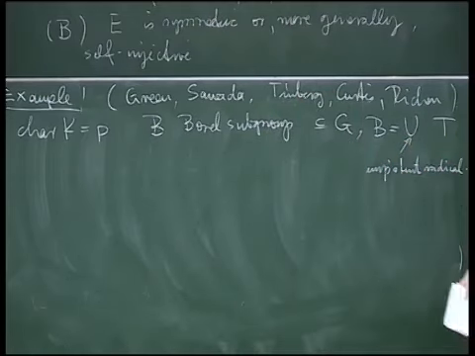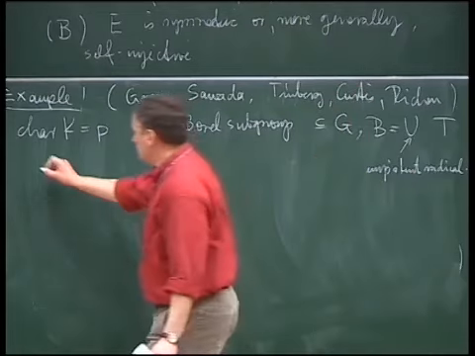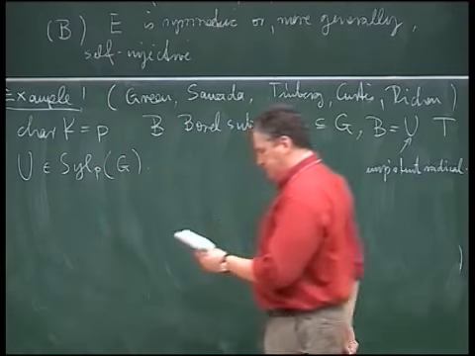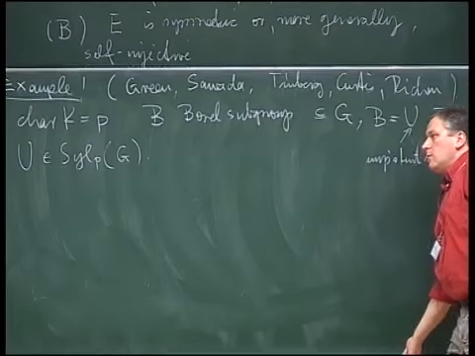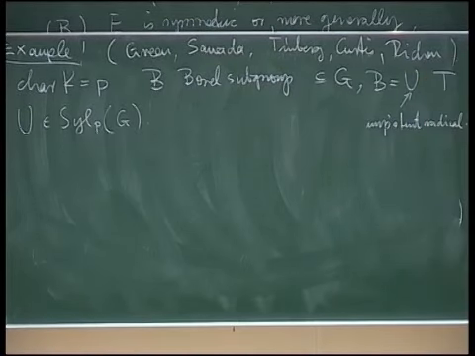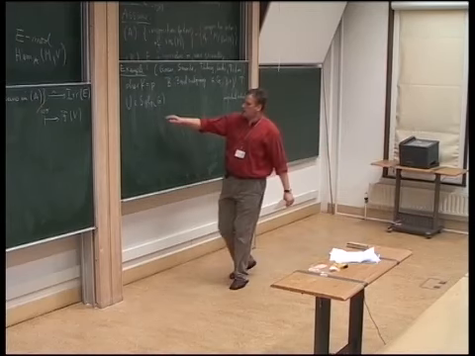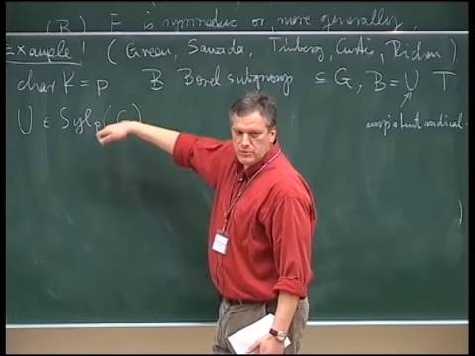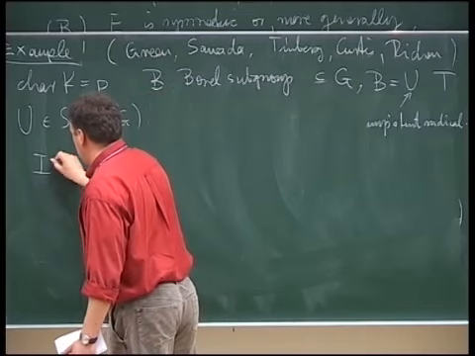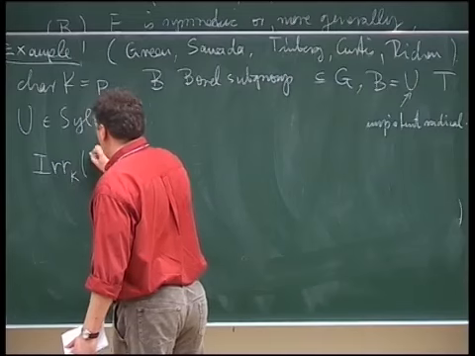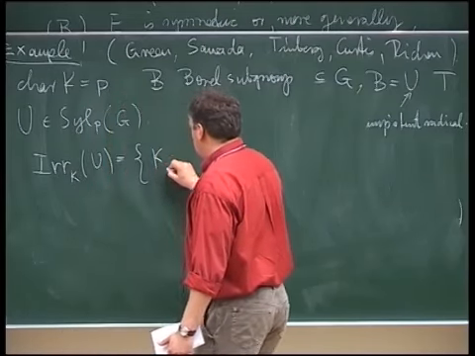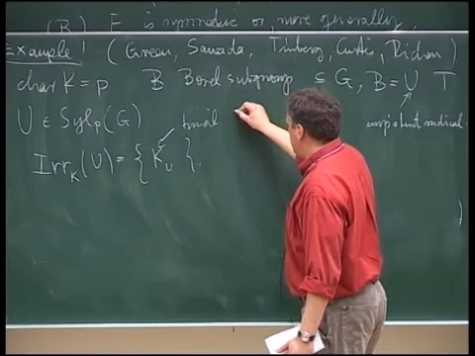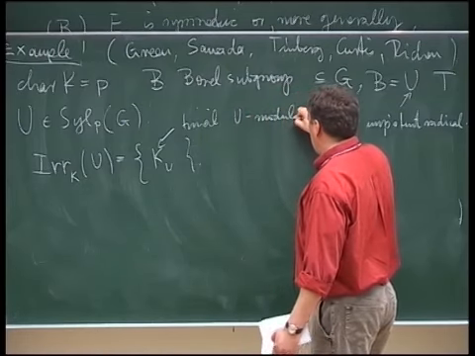So this unipotent radical here is the Sylow p-subgroup of G. Well, if we consider irreducible representations of a p-group over a field of characteristic p, we know the irreducible representation there is just the trivial representation. So let's denote this by this. This is the trivial U-module.